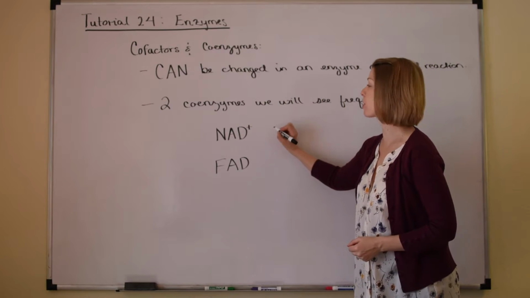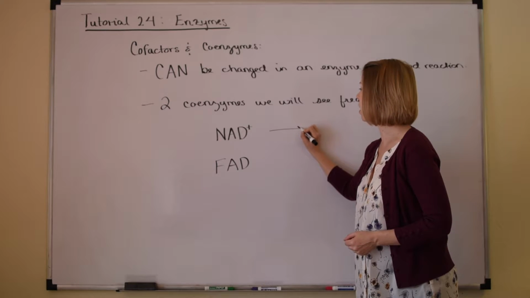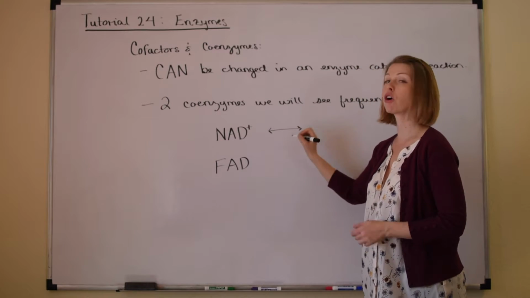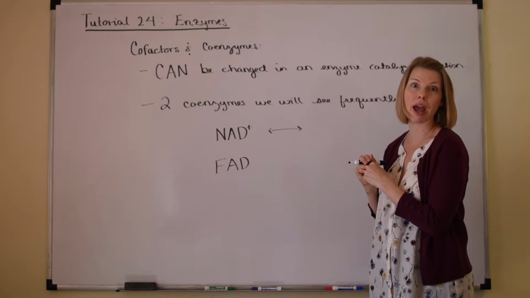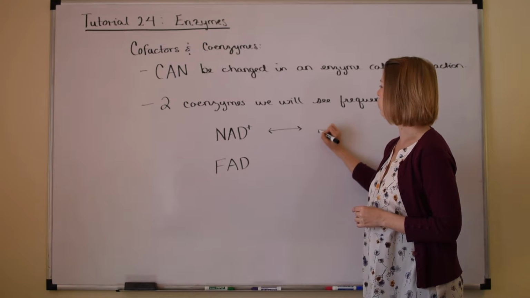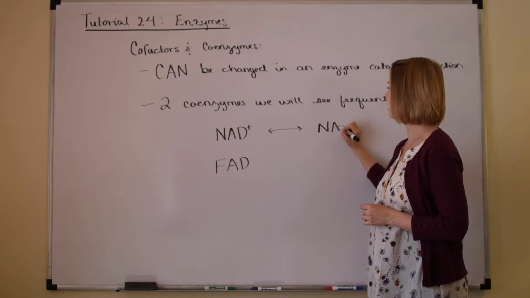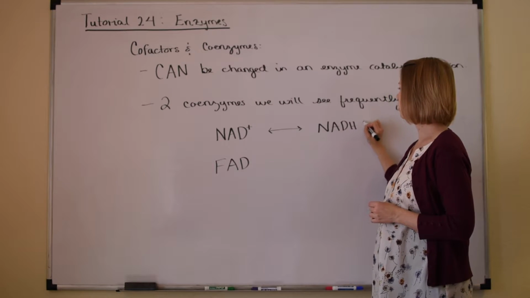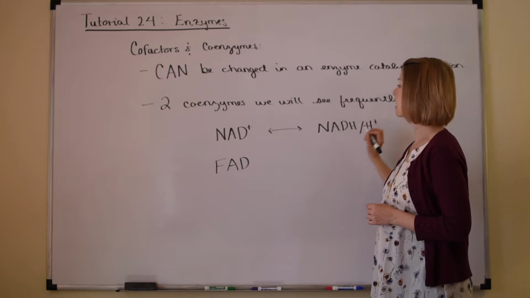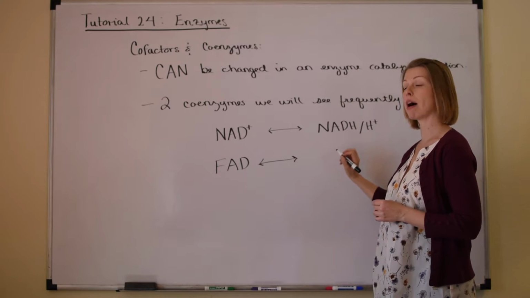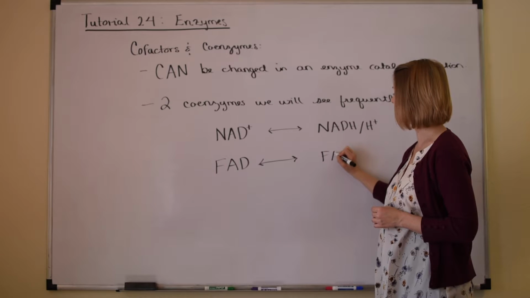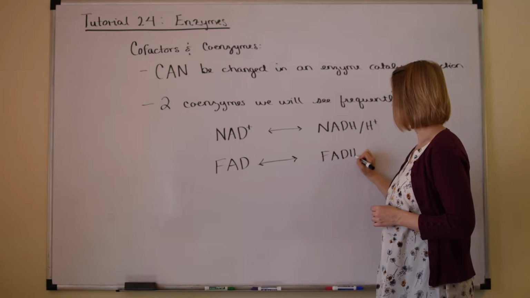So I'm going to go ahead and write the reduced forms up here as well. And I'm going to do a double-headed arrow, so I'm indicating that we will be seeing them going both ways. So the reduced form is NADH, an H+. It gains electrons and hydrogen atoms. And the reduced form of FAD is FADH2.